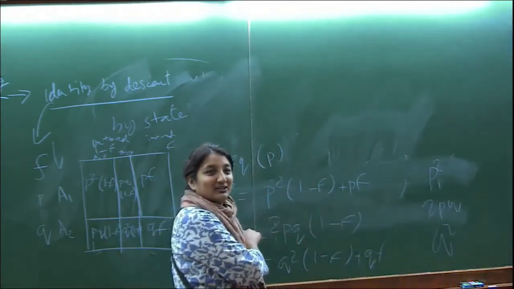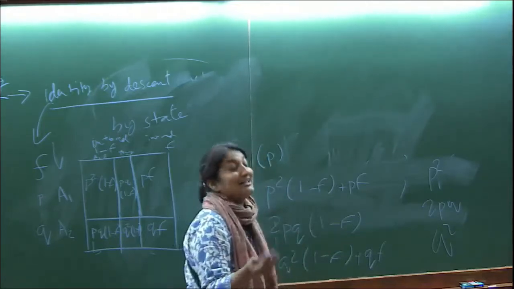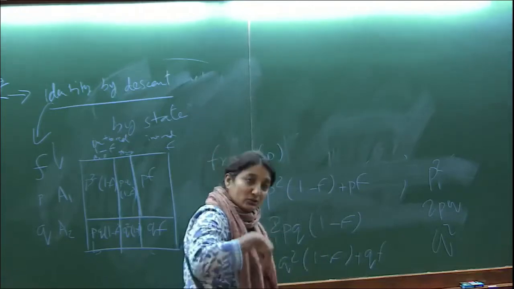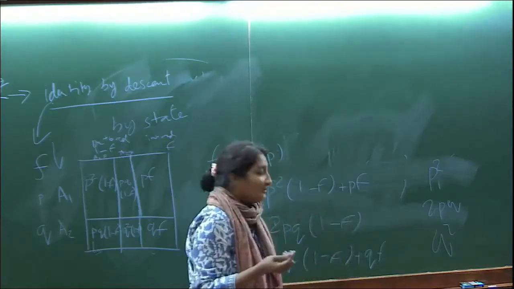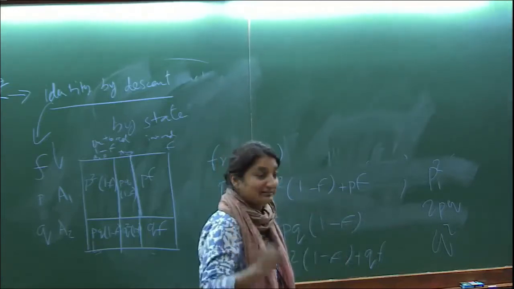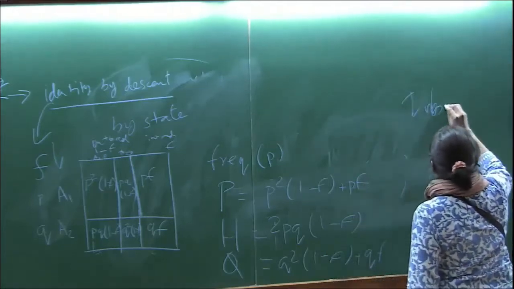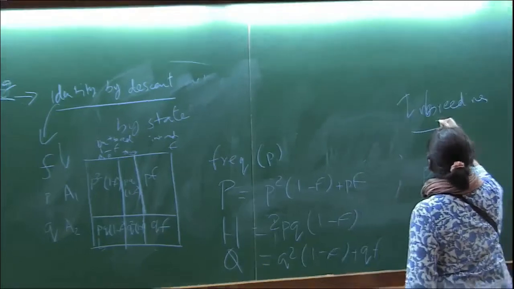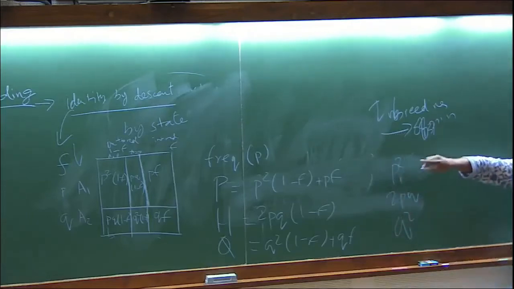So 2pq minus something, whatever f is, 0 to 1, it's going to decrease. In fact, if f is 1, which is selfing, what will heterozygosity be? It will be 0, right? So what does inbreeding do? In the offspring, it decreases the proportion of heterozygotes, correct?